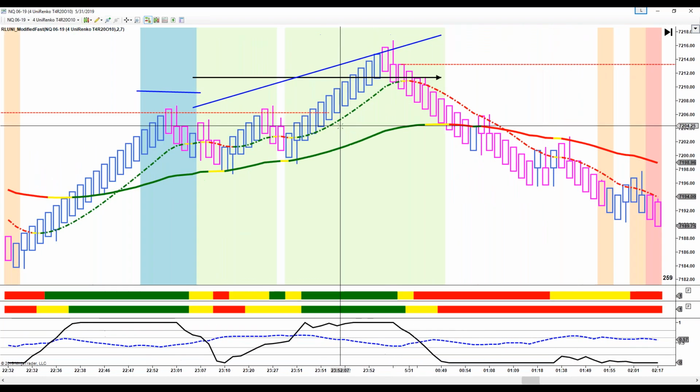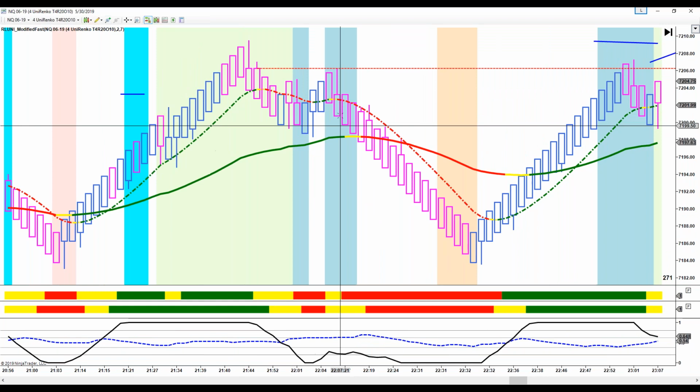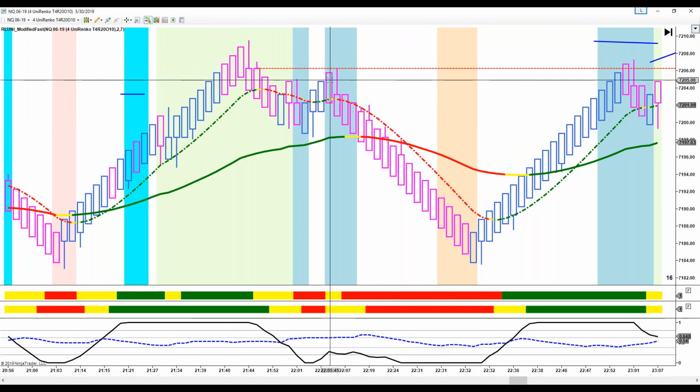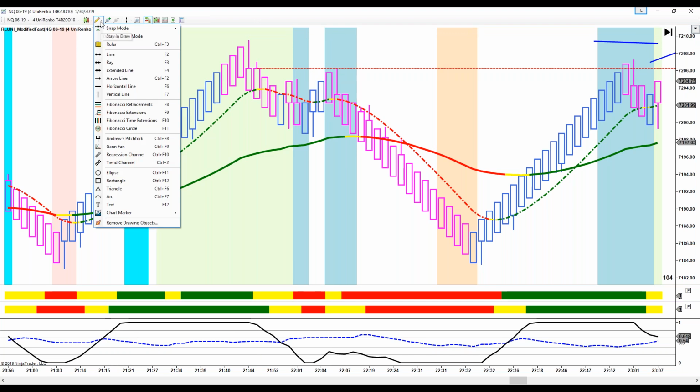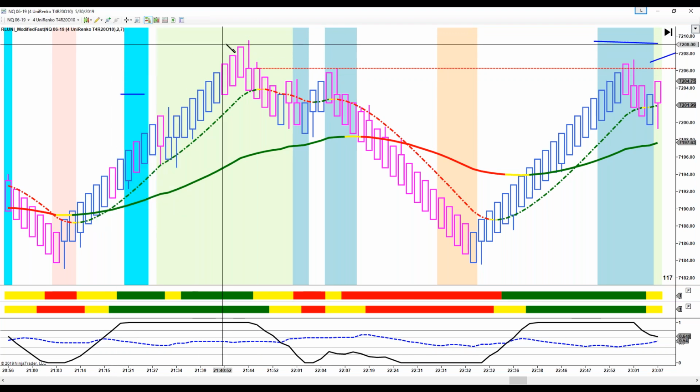Now, the pivots on most systems are done wrong because they're done the easy way. The pivot is taken off the candle, off the wick high.